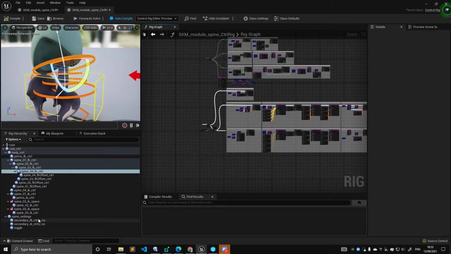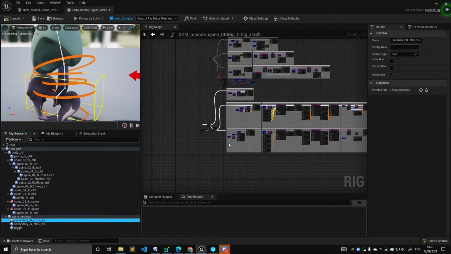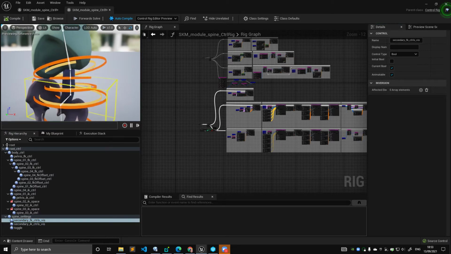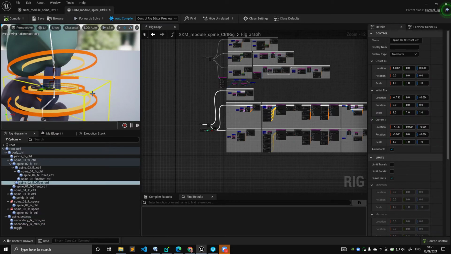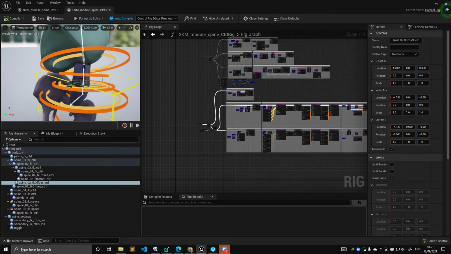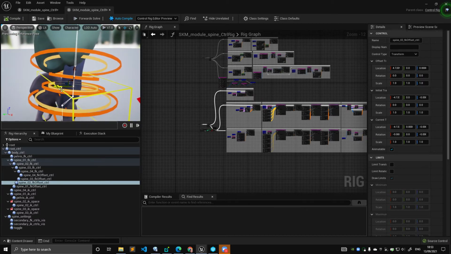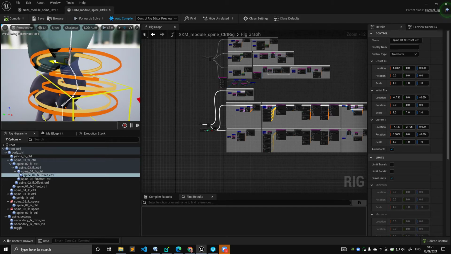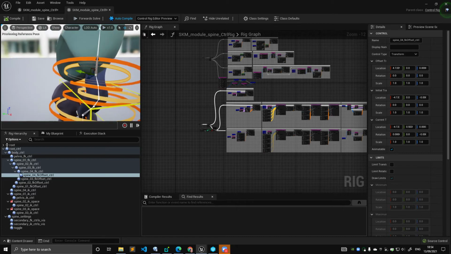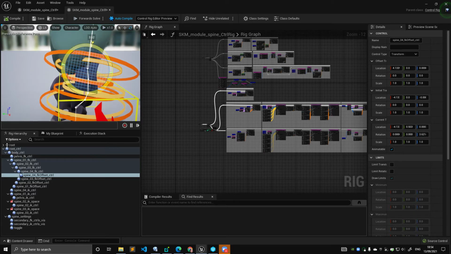There is an additional feature here that is called secondary FK controls. And if you turn this on, basically these controls exist both in IK and FK solutions. And these are controls that are completely independent from any hierarchy. What I mean by that is that these are meant to be just adjustment controls in case there is a specific need for that shot to achieve something that cannot be achieved by using standard kinematics.